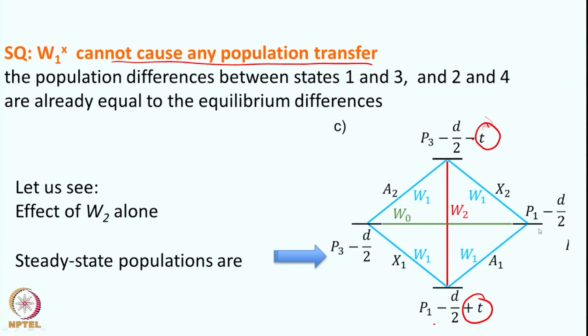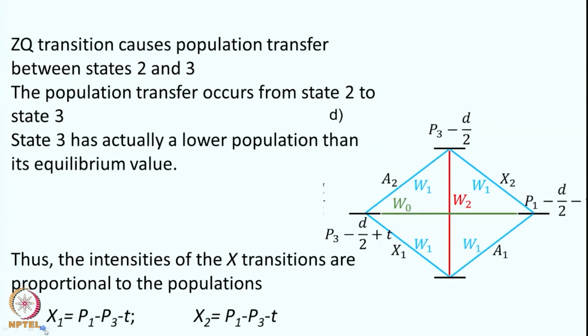There is another phenomenon called 0 quantum transition. As we know, it is a spin flip-flop, alpha beta going to beta alpha. Because of this 0 quantum transition, another change will happen, between state 2 and state 3. So here it should be minus. Okay, so now the population transfer occurs between state 2 and 3.